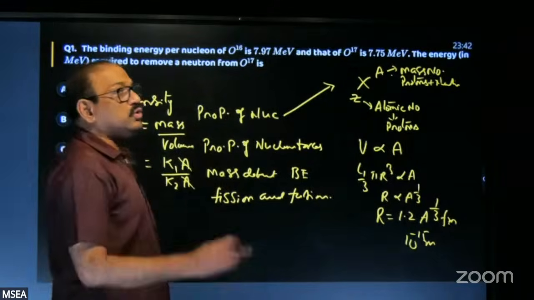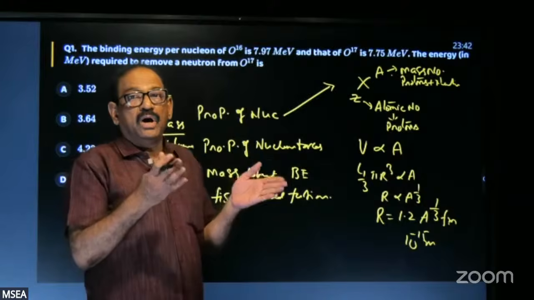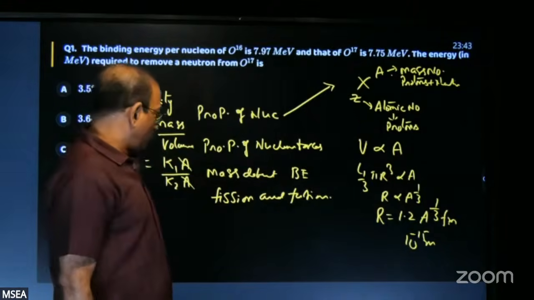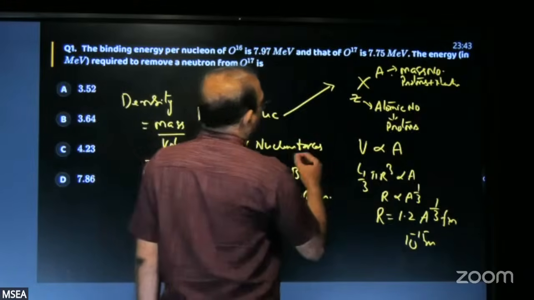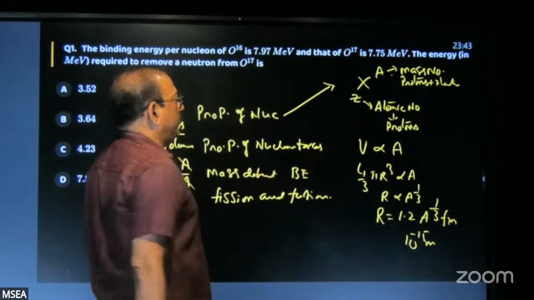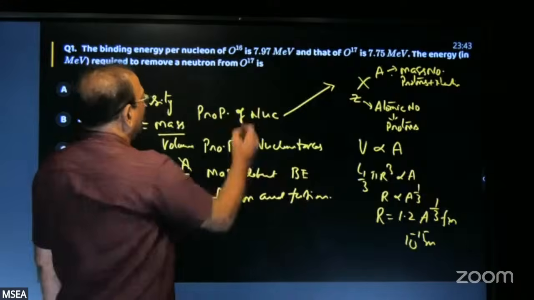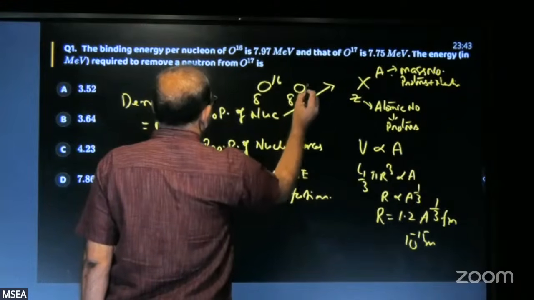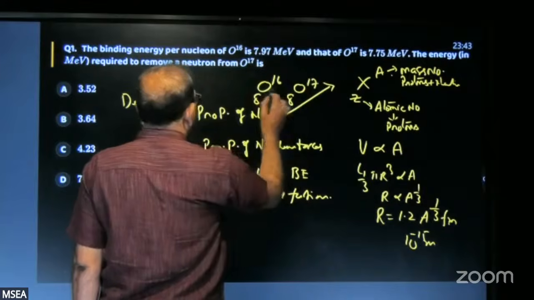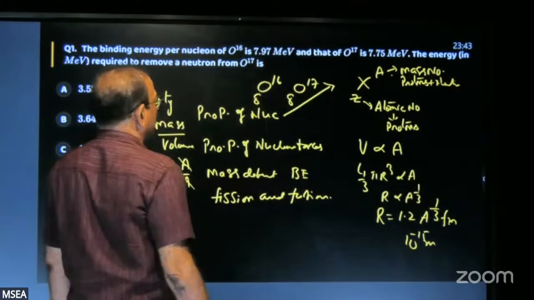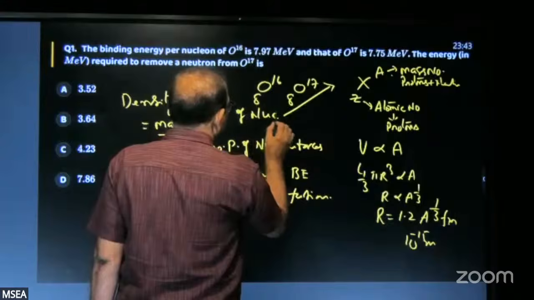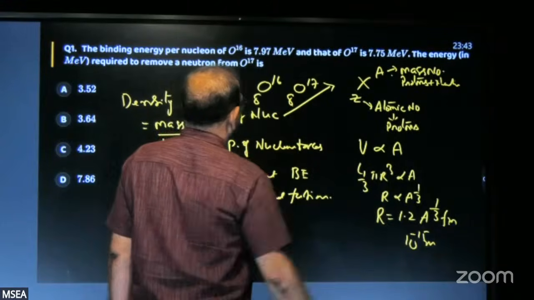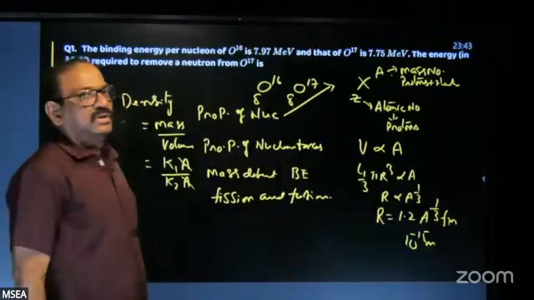Next, isotopes, isobars, isotones, revise them. What is an isotope? Oxygen 8, 16, oxygen 8, 17. These are two isotopes of oxygen. They have the same atomic number, different mass number. They are isotopes.